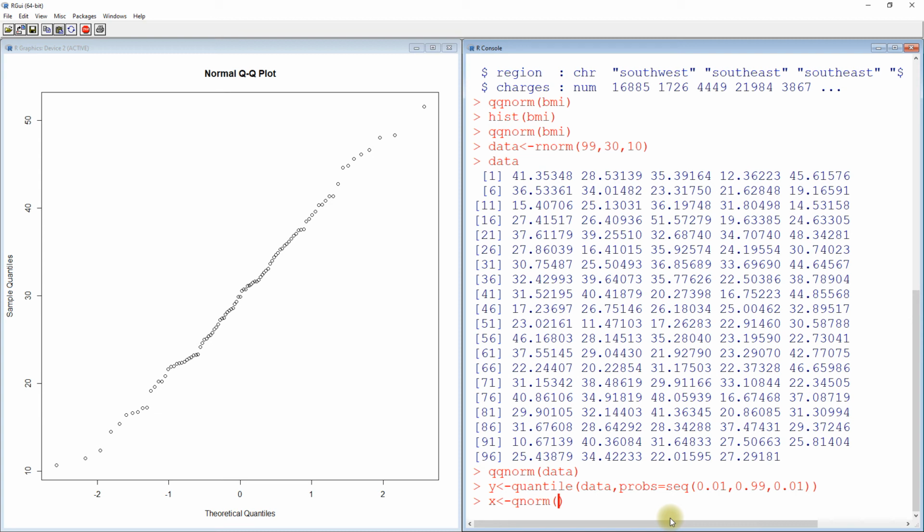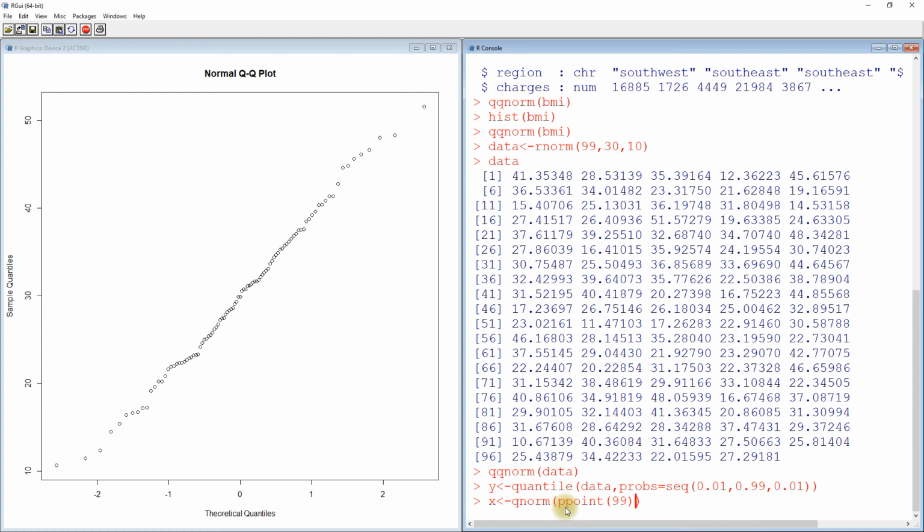So I generate quantiles from a normal distribution, and I need to have the same number of quantiles that I have here. If you move from 0.01 to 0.99 in steps of 0.01, you will have 99 data points for the quantiles. So you will have 99 quantiles. So what I'll do, I'll use the function with points 99.